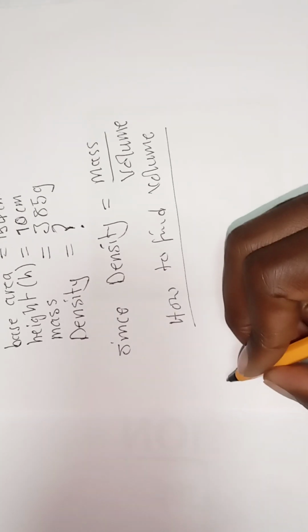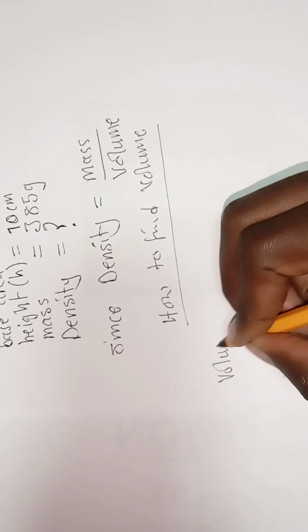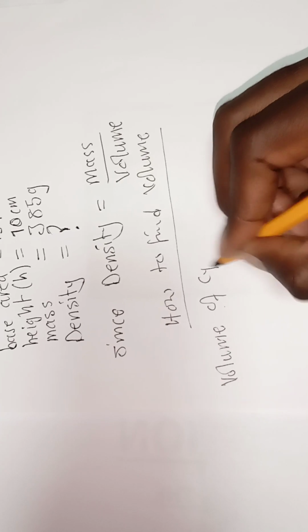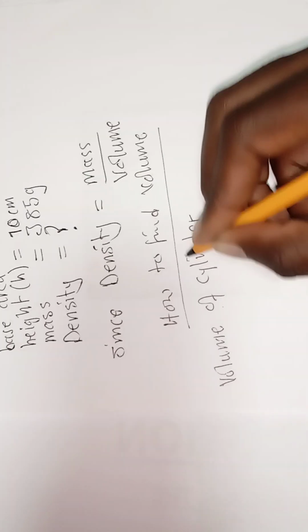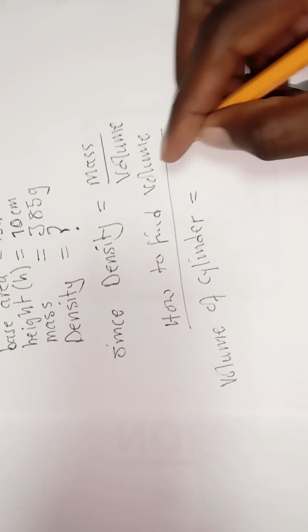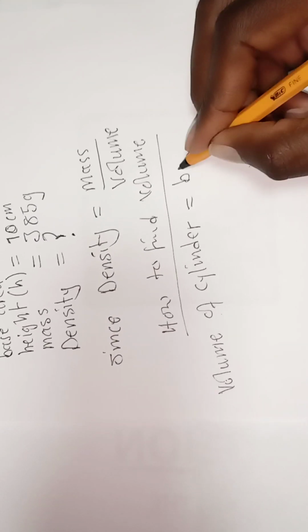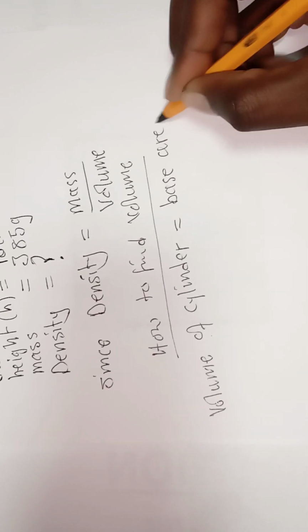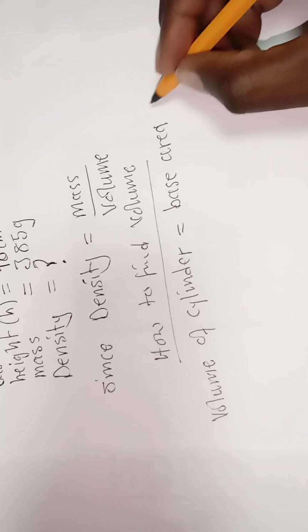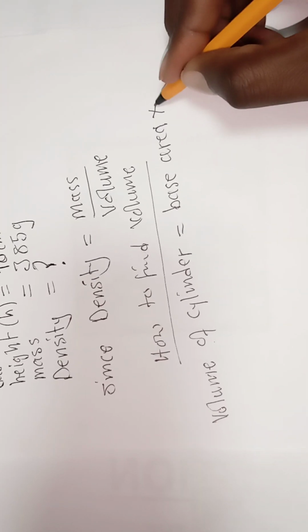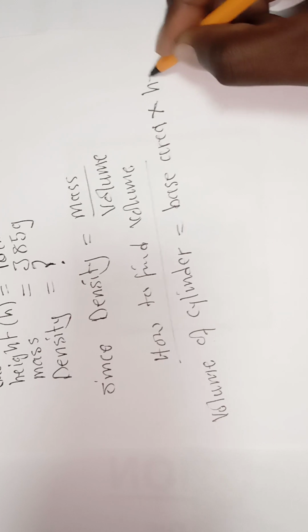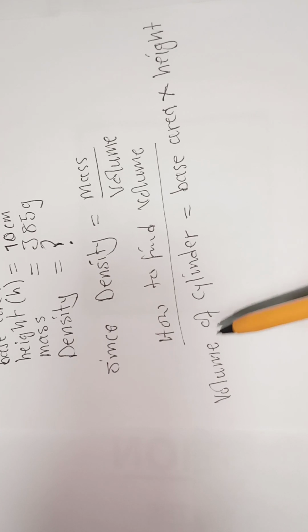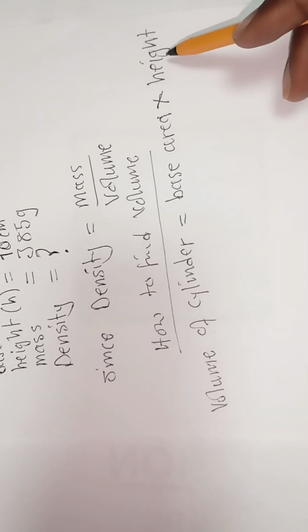Finding the volume of a cylinder: the volume of a cylinder is simply equal to the base area multiplied by the height.